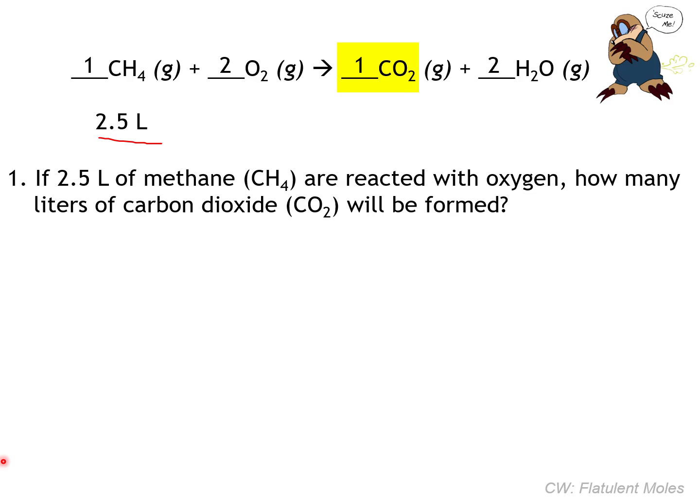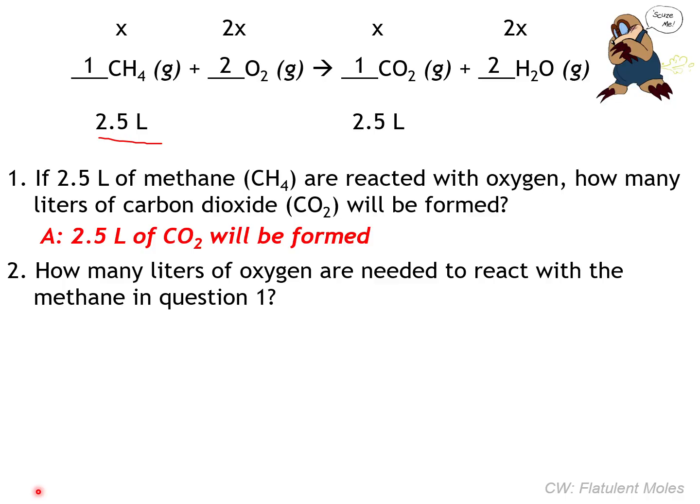So we set up our x's, our proportionalities. So it goes 1x, 2x, 1x, 2x. These numbers are just the coefficients that are in front of the substance in the reaction equation. So if you look at this, we say, all right, we got 1x equals 2.5, so over here 1x is still 2.5.